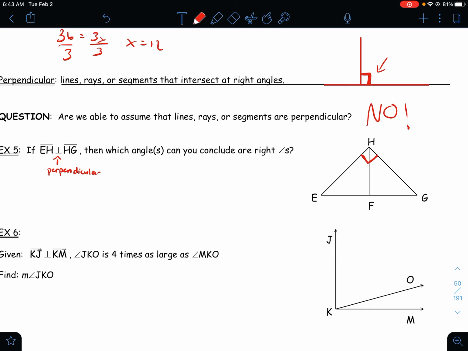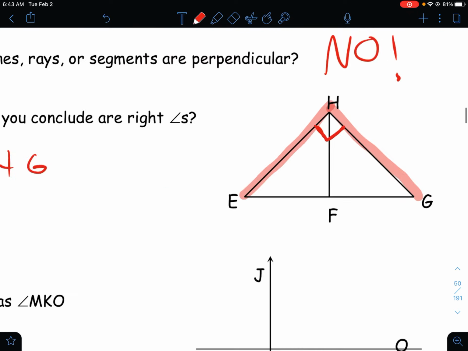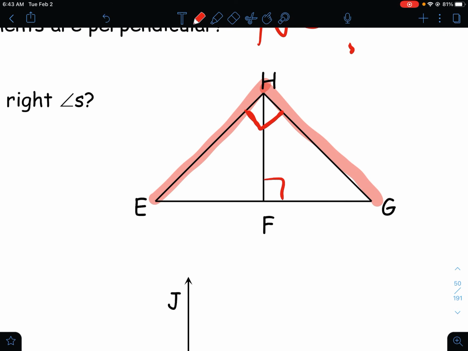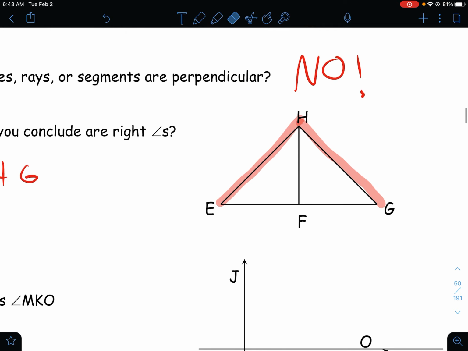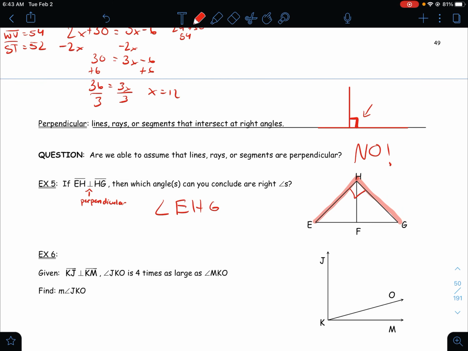Then which angles can you conclude are right angles? We can conclude that angle EHG is a right angle. We cannot conclude that this is a right angle because we don't have any information on that. But we can say that this is a right angle since we know that these two sides are perpendicular.